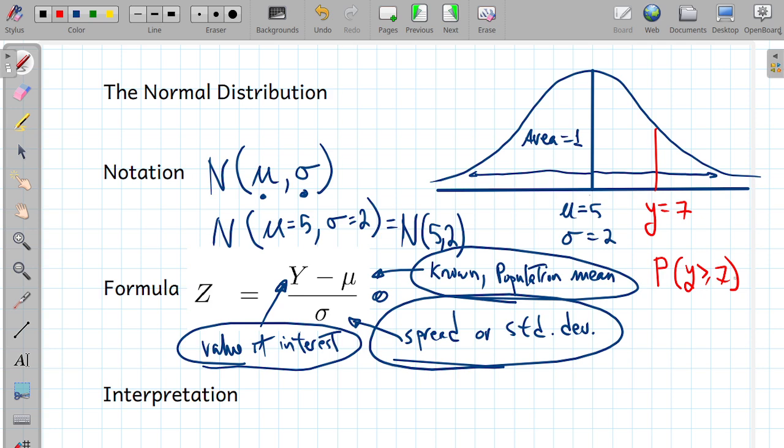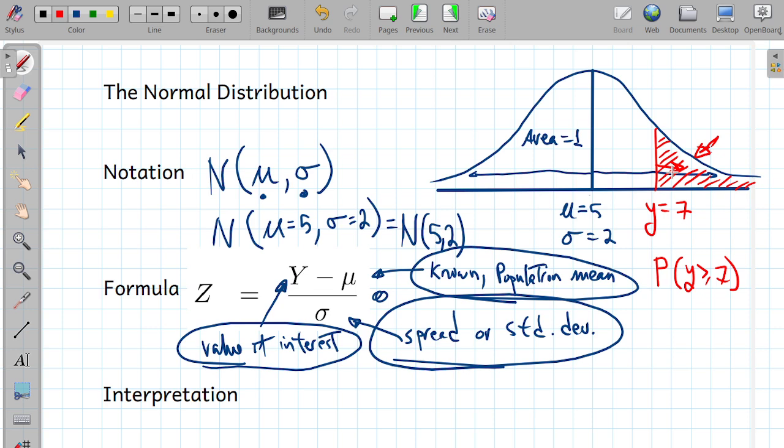That means I'm interested in this right tail. The probability will correspond to how much area lies below the curve and to the right of the vertical line.